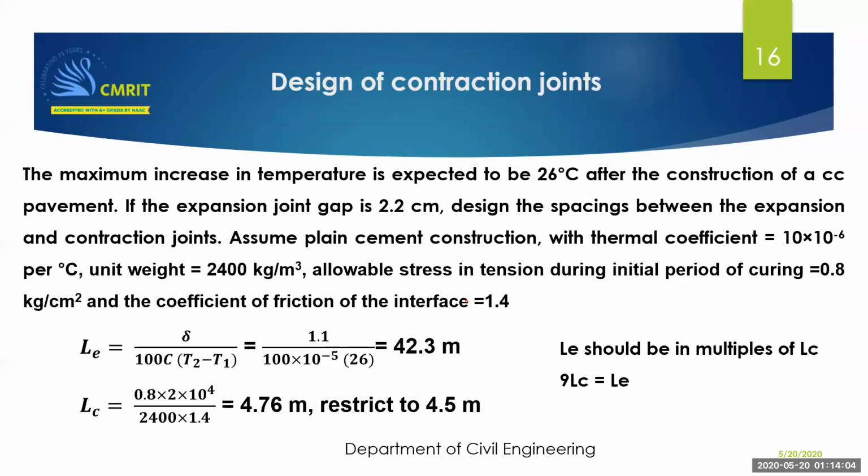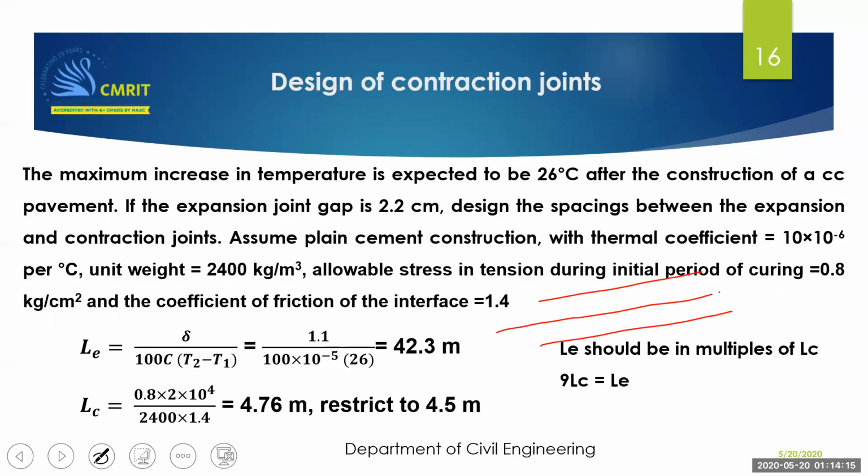As I told you, the expansion joints and contraction joints should be meeting at the common ends. For example, if this is a slab and this is a center line, this is going to be the length of the spacing of contraction joints.